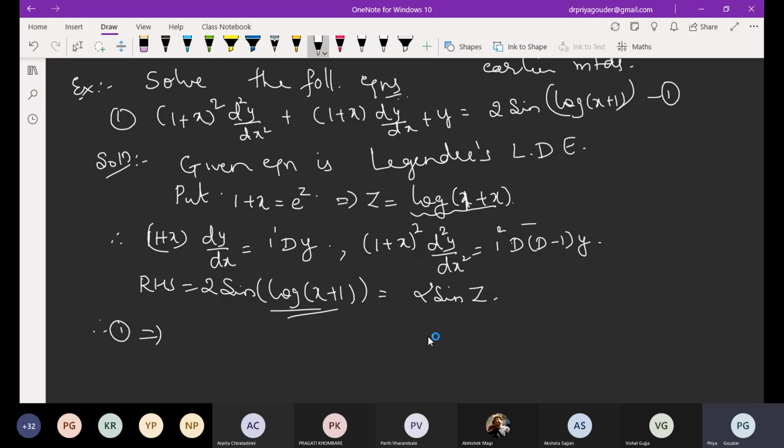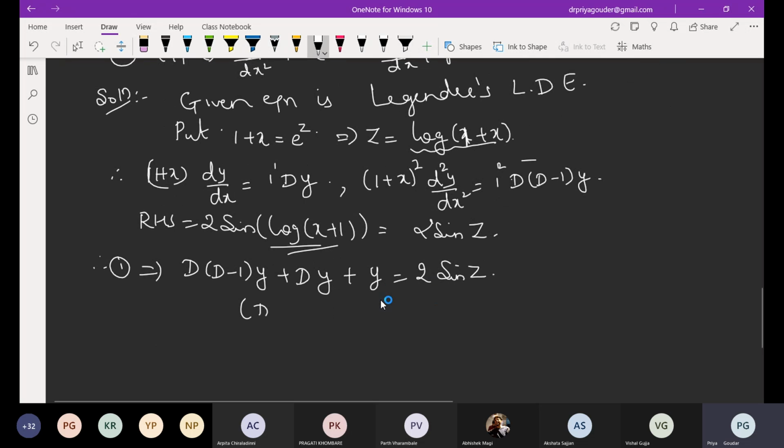What is 1 plus x whole square y double dash? It is D into D minus 1 into y, plus 1 plus x into dy by dx, which is Dy, plus y as it is. RHS is 2 sine of z. Correct?